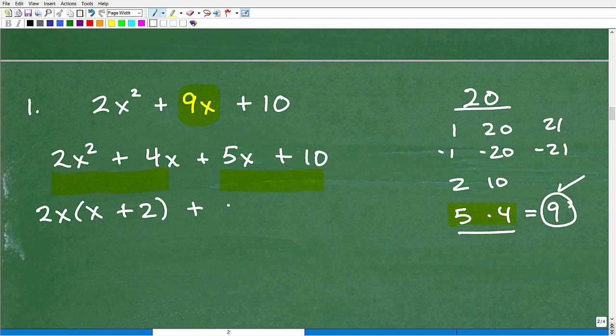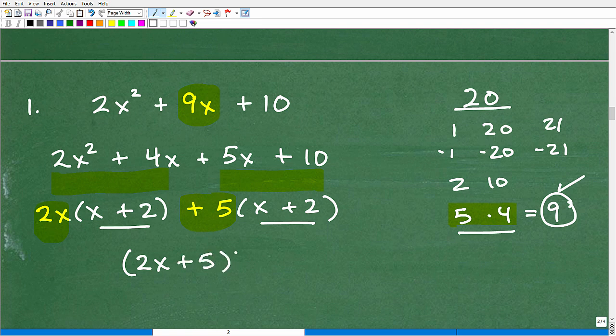So plus 5, I know I can take out, and that's going to be x plus 2. I'm anticipating it, and yep, that's right, because 5 times x is 5x and 5 times 2 is 10. Now I can take out an x plus 2, and what's remaining is 2x plus 5. So my answer is 2x plus 5 times x plus 2.